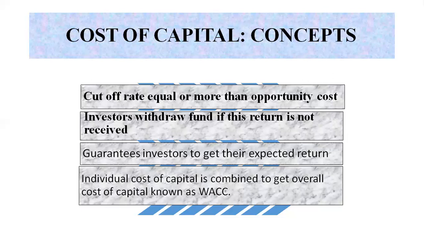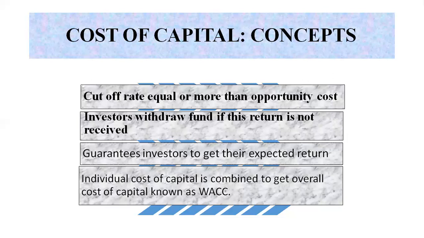So now the question is, what is actually cost of capital? Cost of capital, as defined, is the minimum rate of return that a company has to earn for survival. So, what is the minimum rate of return?